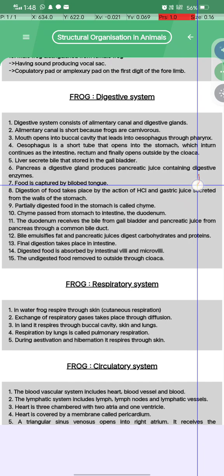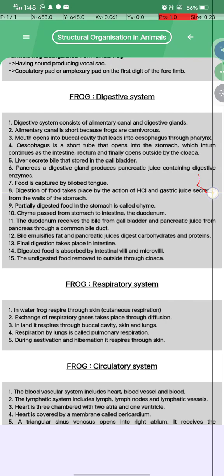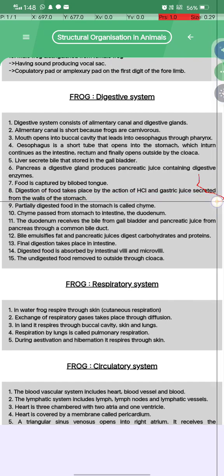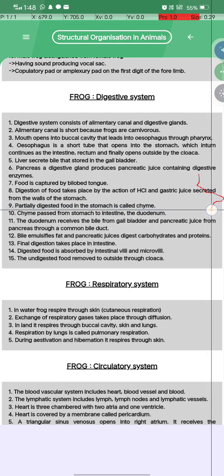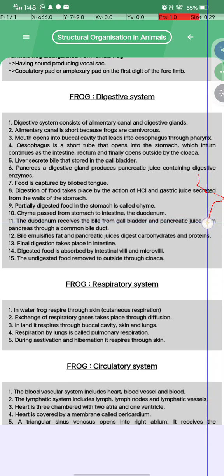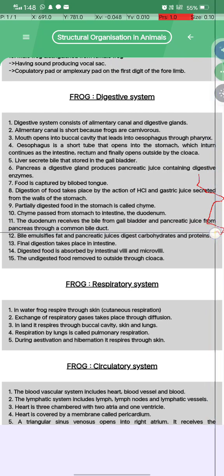Food is captured by the bilobed tongue, and digestion takes place by the action of HCl and gastric juices secreted from the cells of the stomach. The partially digested food in the stomach is called chyme, and the chyme passes from the stomach to the intestine, where it receives bile from the gallbladder and pancreatic juice from the pancreas through a common bile duct.